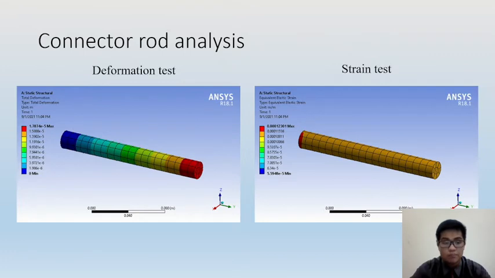The maximum deformation value that we got from this test is 1.787 exponent negative 5, while the maximum strain value that we obtained is 1.2301 exponent negative 4. For the deformation test, we didn't have any minimum value, but for the strain test, we obtained 5.59 exponent negative 5.